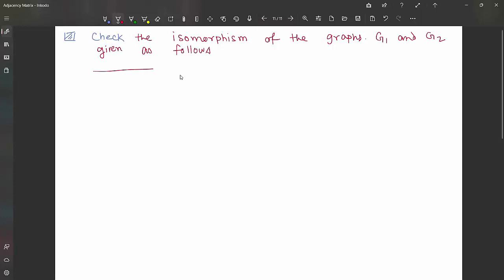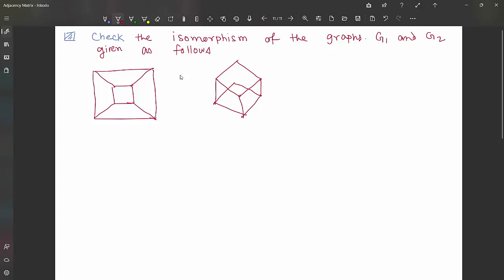So this is the first graph, with vertices 1, 2, 3 and 4, and this is the second graph. This graph is G1 and this graph is G2.